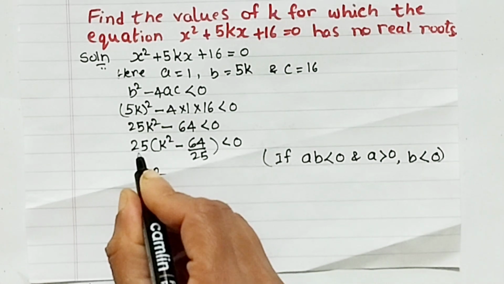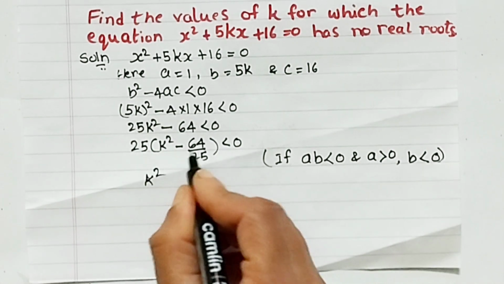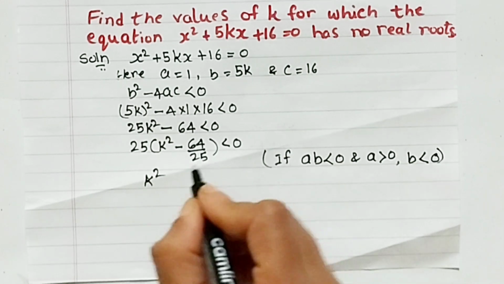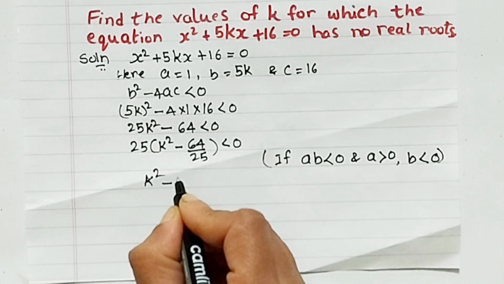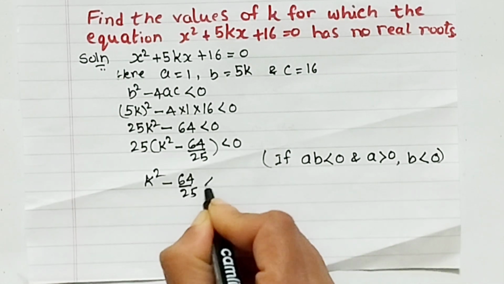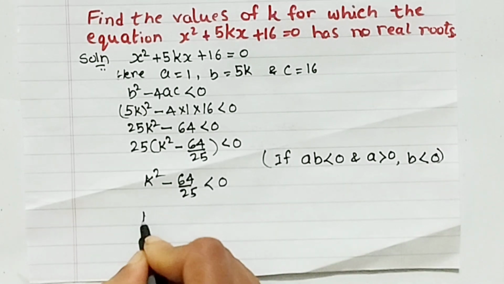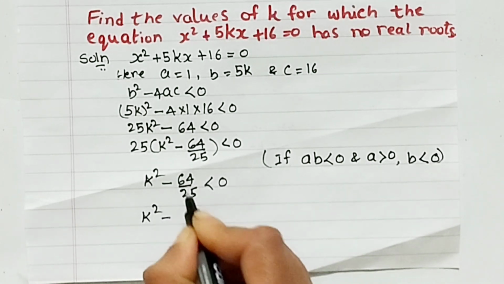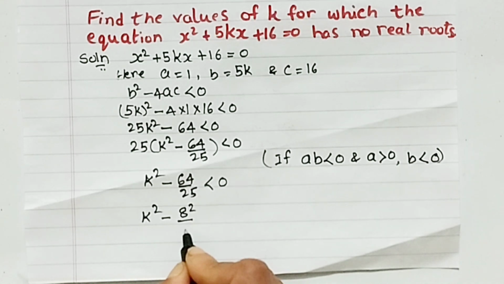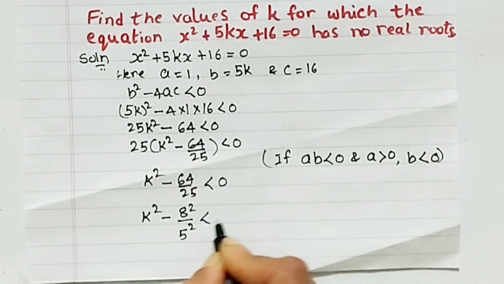Since 25 is A, k square minus 64 by 25 is taken as B, then k square minus 64 by 25 less than 0, or k square minus, writing in square form, 8 square by 25, that is (8 by 5) square less than 0.